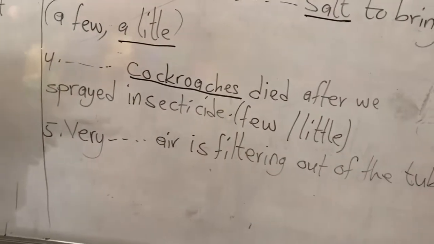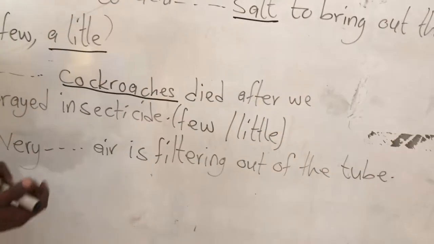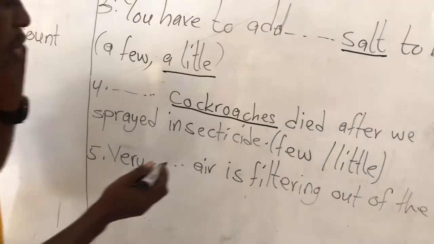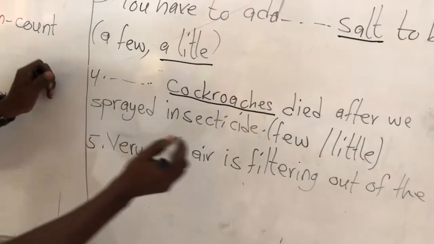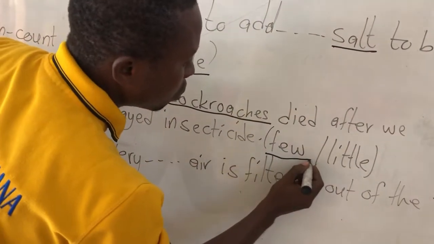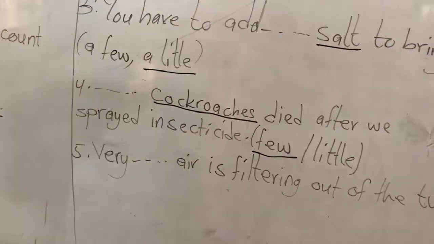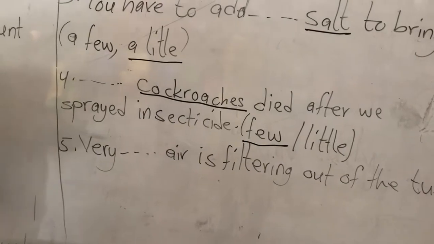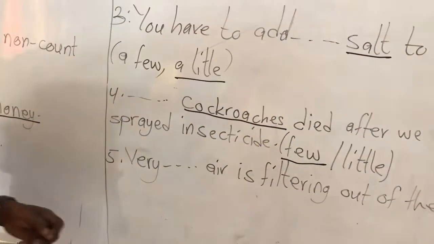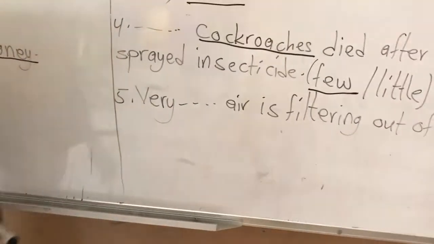You two found 2. So you can see that we can count cockroaches. So we use few cockroaches, because cockroaches is a countable noun. So we use few.